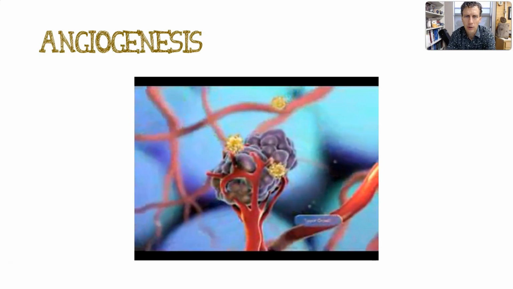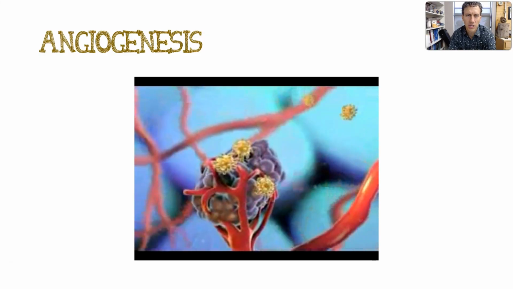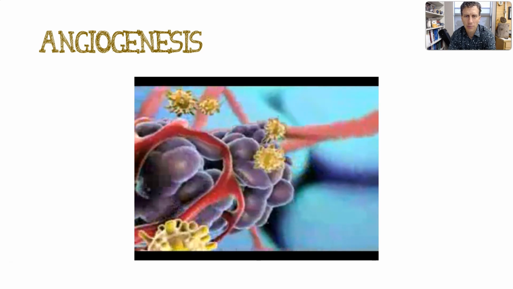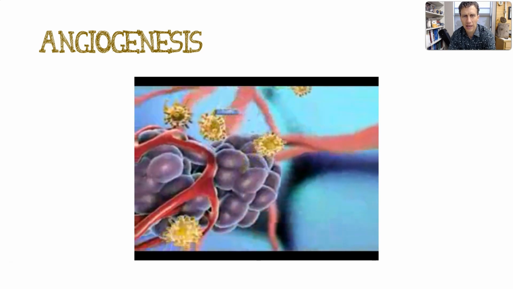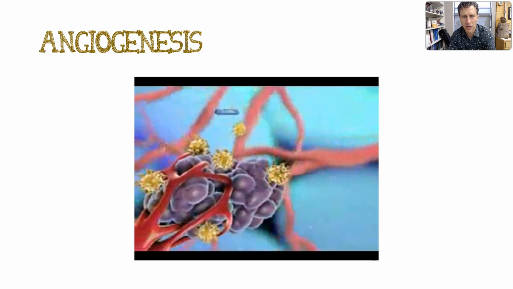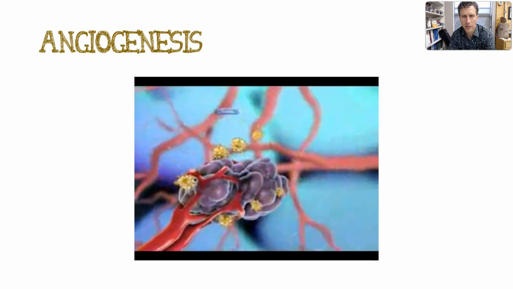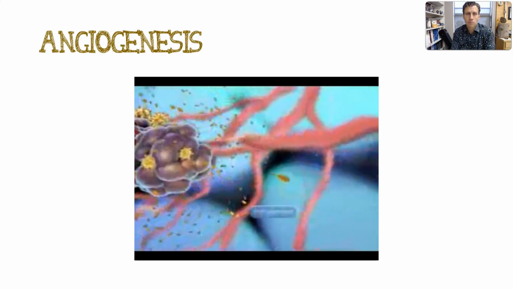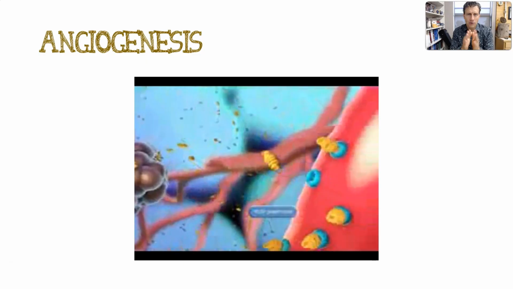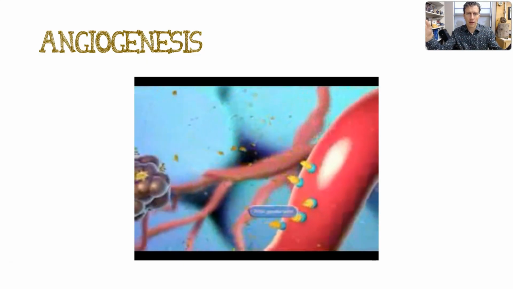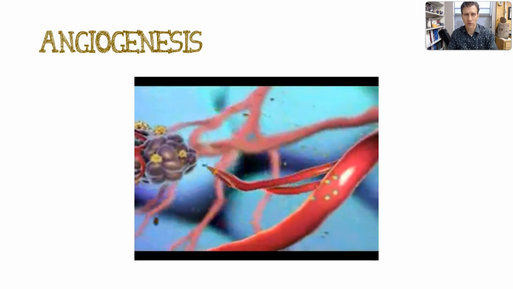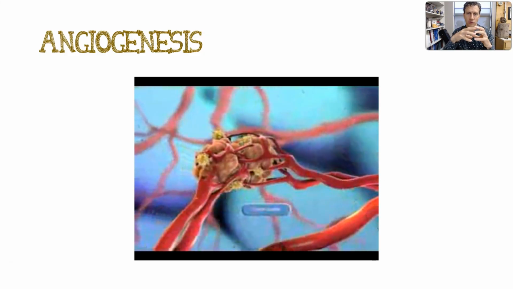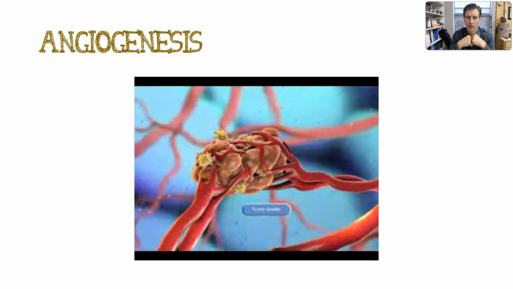We've got white blood cells approaching it, triggering apoptosis in those cancer cells, trying to minimize the growth. So it's a real battle between the cancer cells dividing and the white blood cells attacking. But the cancer cells can send out signals to nearby blood vessels saying, send us more blood vessels. So that's angiogenesis, right? The tumor gets to a big size and it needs new blood vessels to feed it.